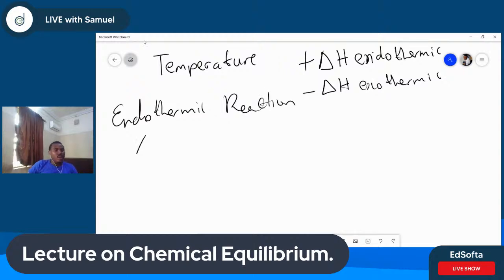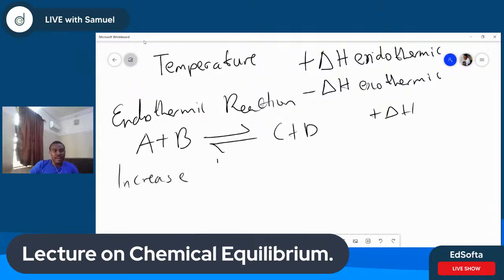if you have a particular reaction, I'm just writing out reactions, I'm not putting any particular reaction, and you say the delta H is positive. If there's an increase in temperature in an endothermic reaction, it will favor the forward reaction.